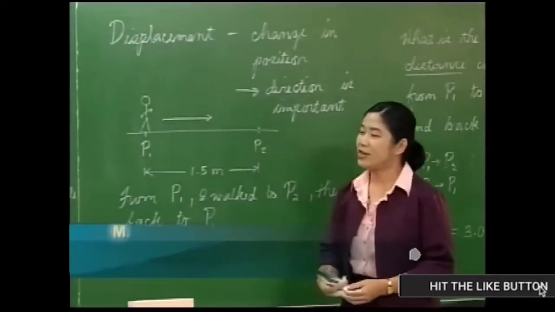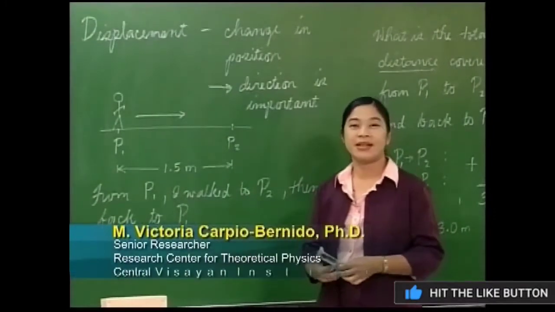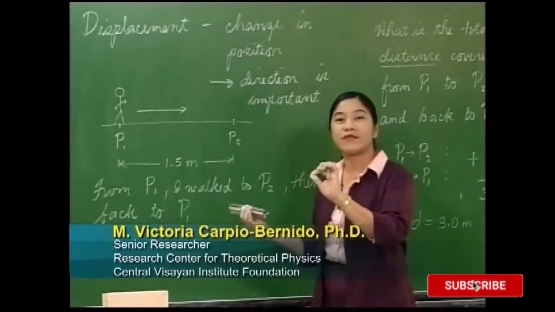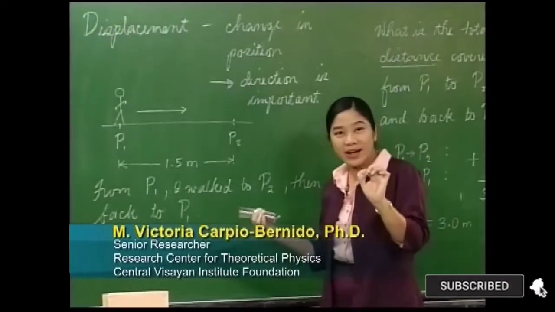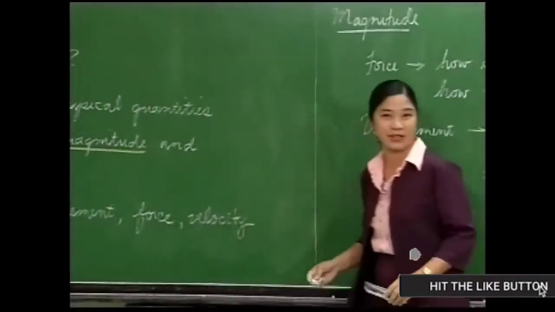Okay, so now you know the definition of vectors. In contrast to scalars, a scalar would have only magnitude, while a vector will have both magnitude and direction.